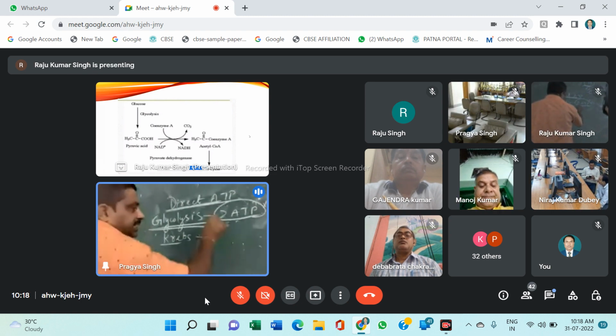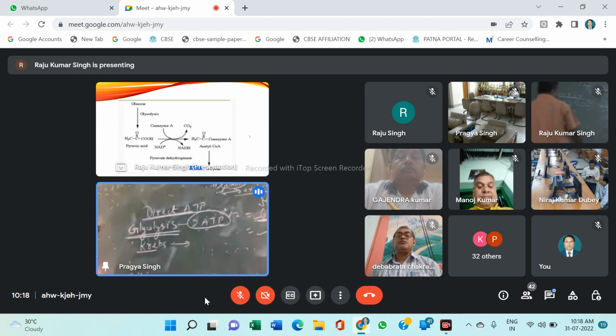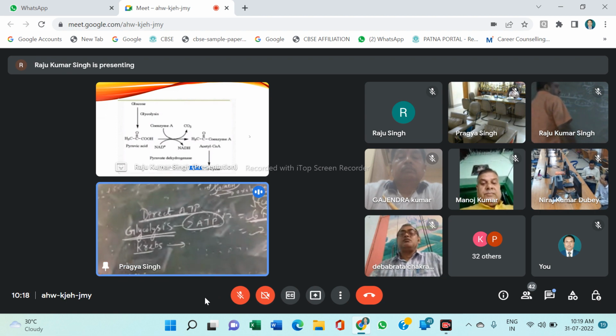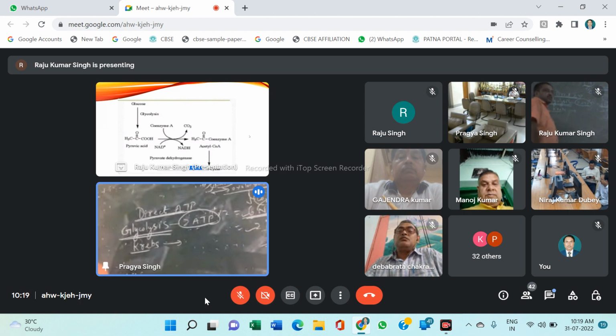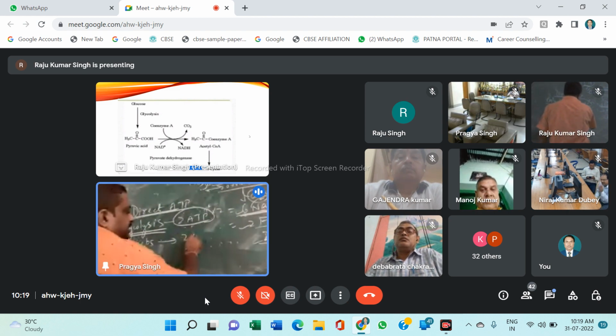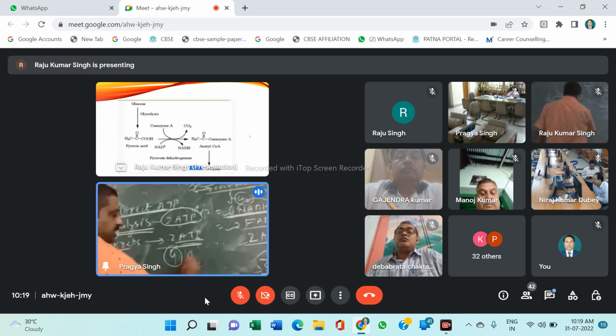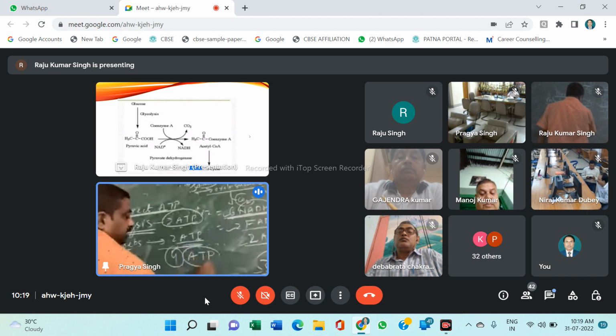Through the Krebs cycle, it will be 2 cycles. When you're talking about 1 cycle, substrate level phosphorylation forms only 1 ATP. So 2 cycles, again 2 ATP. So ultimately, how many ATP are we getting? It is only 4 ATP.